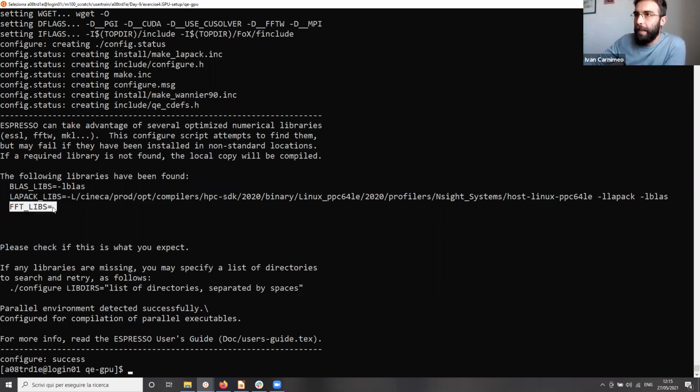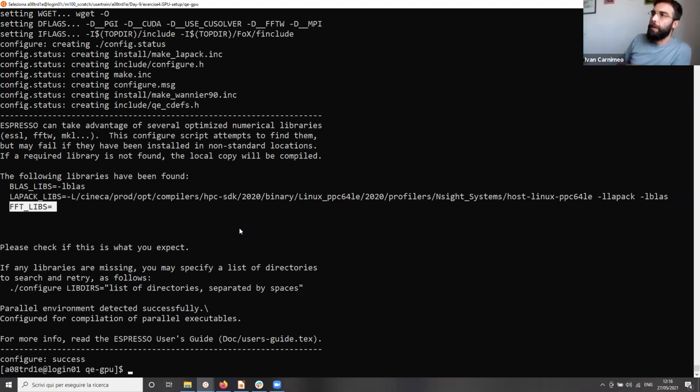We don't find FFT libs here just because, as it was pointed out in that question before, now FFTs are done by the GPUs. It is true that we loaded the FFTW3, but those libraries are for CPU.